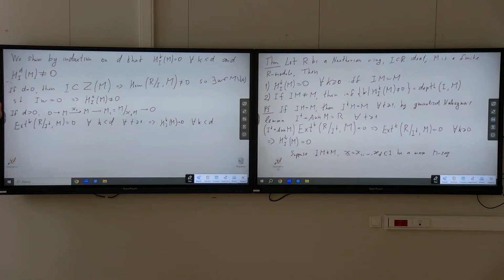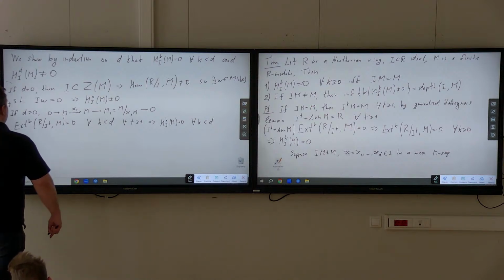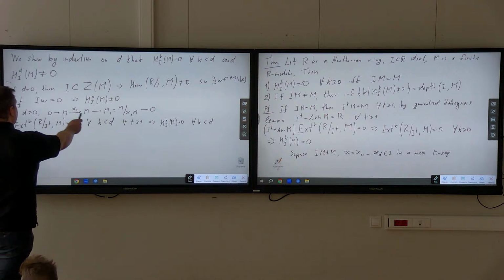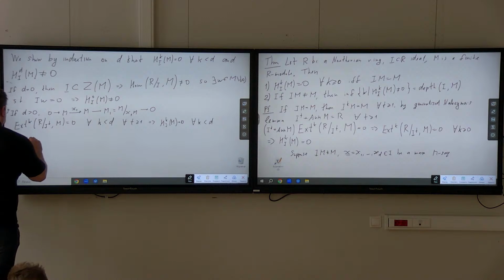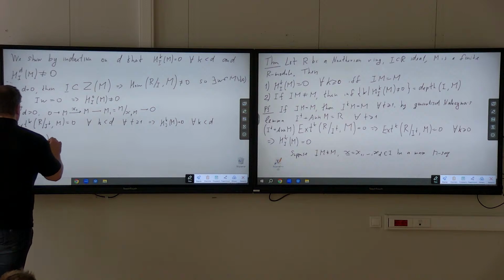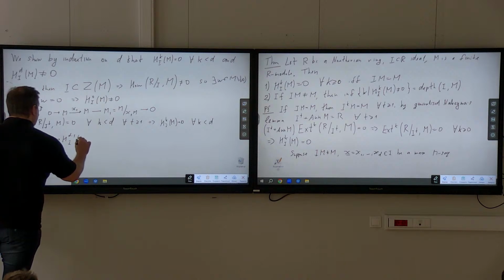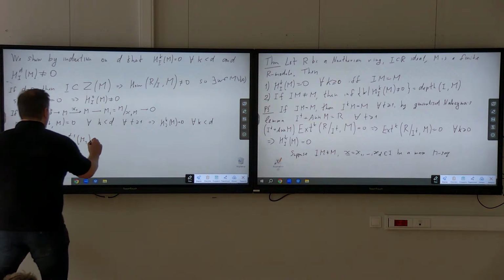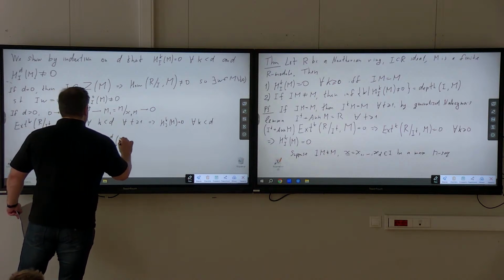Okay, so this is the vanishing result, and finally the non-vanishing result. Well, the non-vanishing result follows quite easily if we look at the long exact sequence for the local cohomology. So let me say, maybe we have H_I with the index d minus 1 of M. Then it maps to H with the index d minus 1 sub I of M1. Then there is a connecting homomorphism to H^d_I(M).